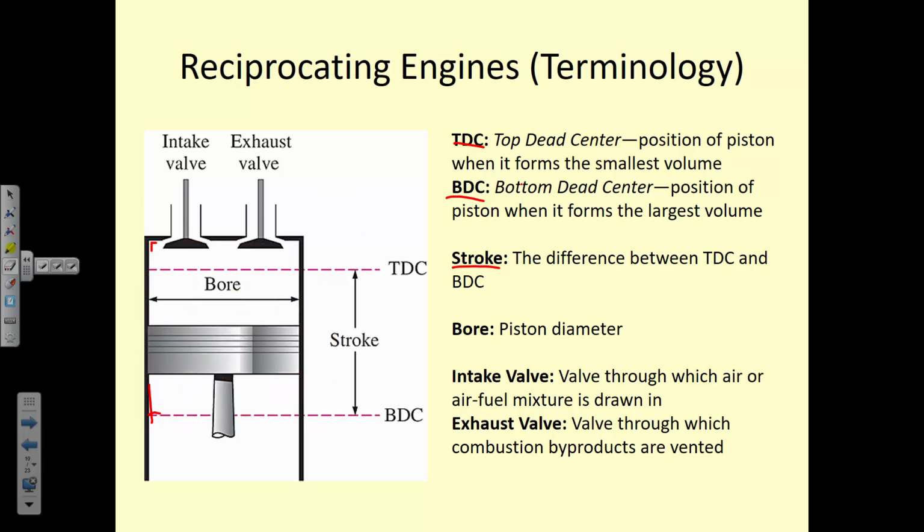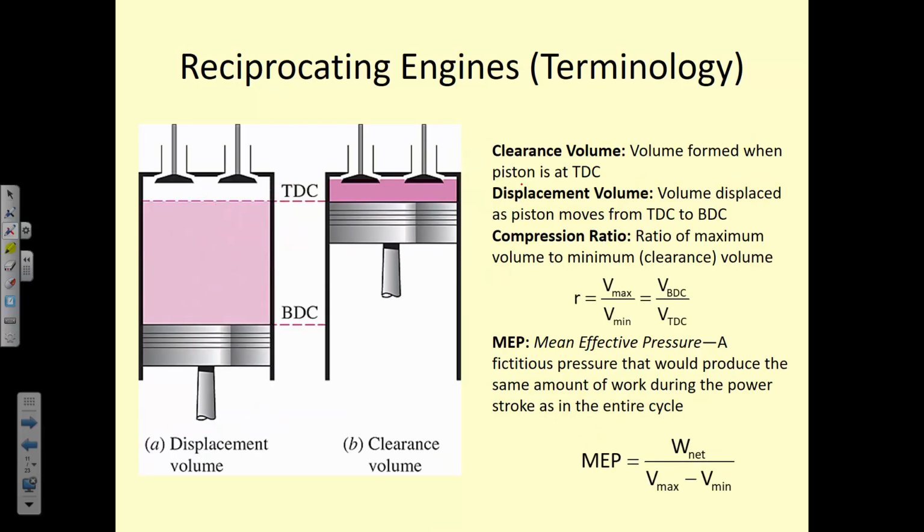The piston diameter is just the bore. And then the intake valve and the exhaust valve are important just for our understanding of these devices, but when we analyze them in the idealized cycle, we don't worry about the intake and the exhaust. The clearance volume is the volume formed when the piston is at top dead center, and the displacement volume is the distance that is displaced as we move from bottom dead center to top dead center.